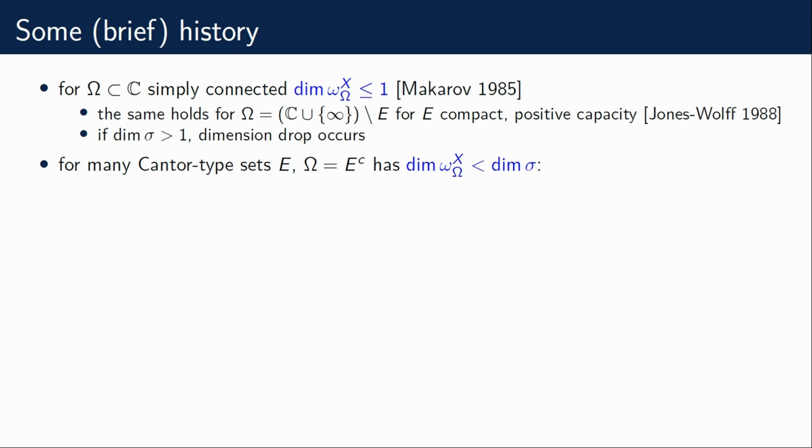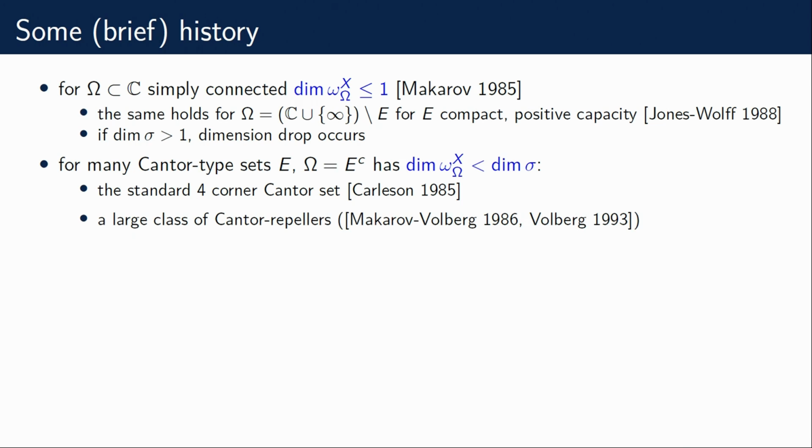There is also a large class of results, which I'll summarize as: for many Cantor-type sets in the plane, if you look at their complement, harmonic measure has dimension drop. This started with Carleson in 1985, who proved it for the four-corner Cantor set. This was continued by Makarov and Volberg, and later by Volberg, who proved the same conclusion for a large class of Cantor repellers.